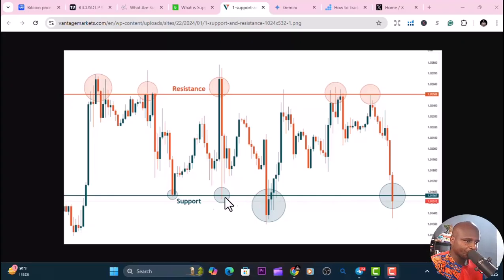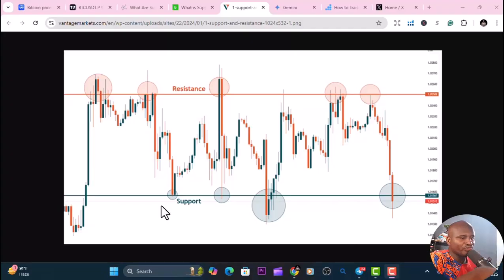So you can see within this chart that you are seeing here, the price maybe moved up, then it started to descend, and when it gets here, it bounces back. So at this level, the price finds comfort, and it wants to stay here.